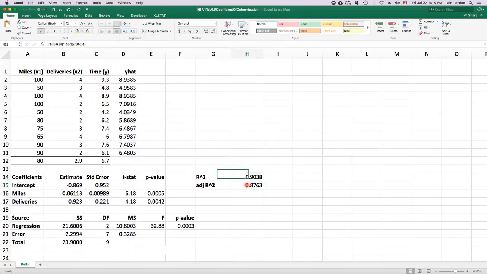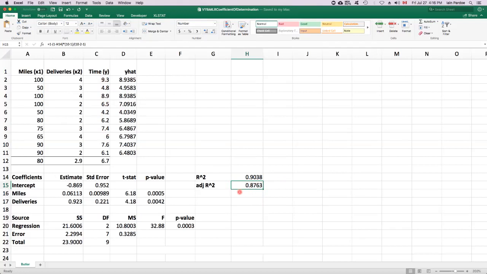And so that's why analysts like to look at adjusted R-squared when comparing models like that, because adjusted R-squared accounts for the fact that you're adding predictors, and so adjusted R-squared will only increase if the predictor you're adding is actually somewhat useful in modeling y.